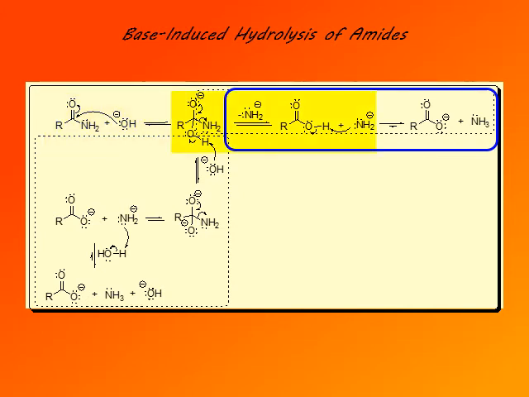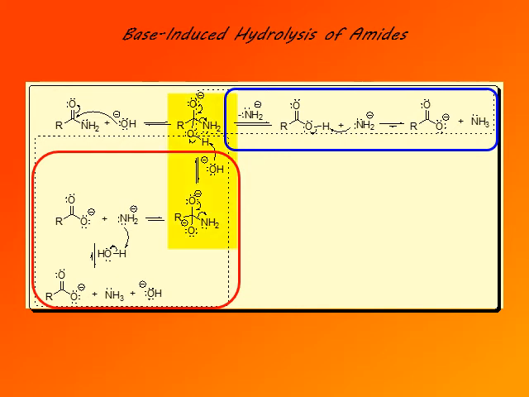So this is shown again, this pathway involving inorganic amide ion as a leaving group. But we have an alternative pathway then. According to the alternative pathway, a second molecule of base, so a second molecule of hydroxide, now deprotonates this remaining OH group, and now we end up with a dianion.